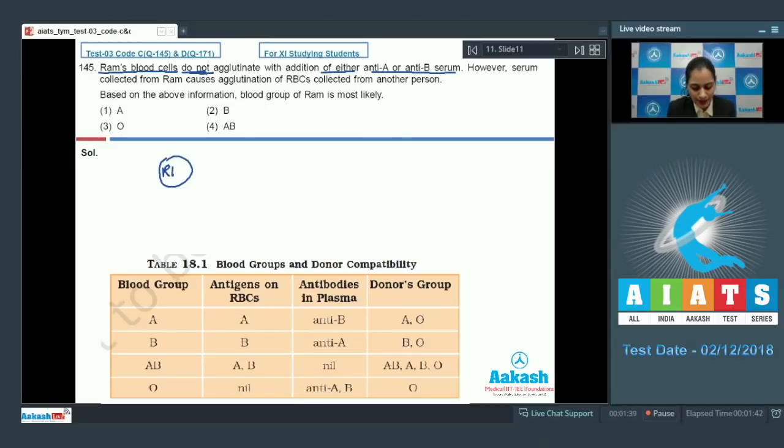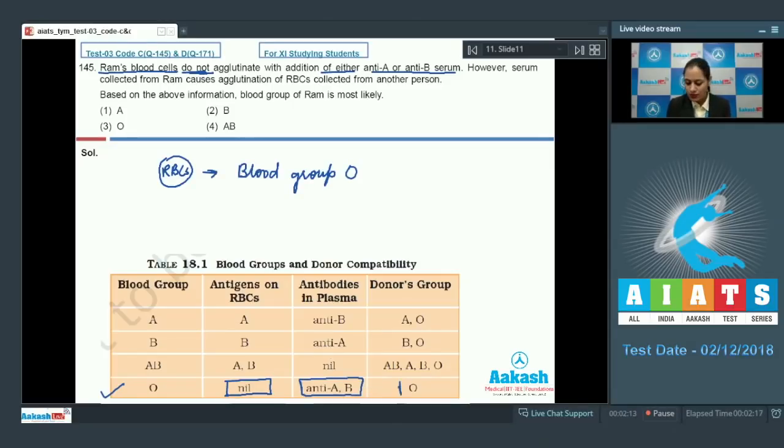These RBCs lack antigen, and this is in the case of blood group O. As you can see here, this blood group O has no antigens on the surface of RBCs, whereas they have both anti-A and anti-B antibodies in plasma.